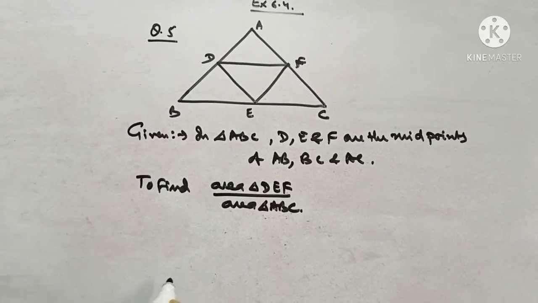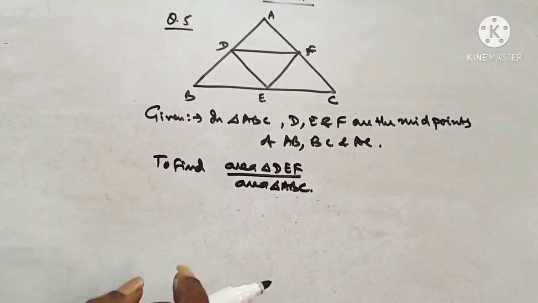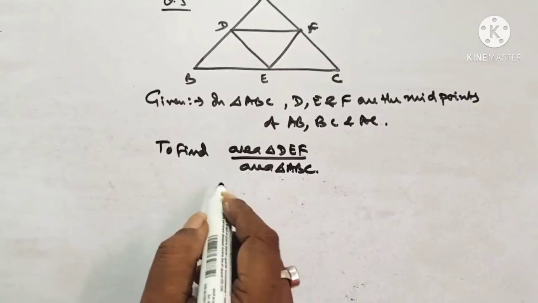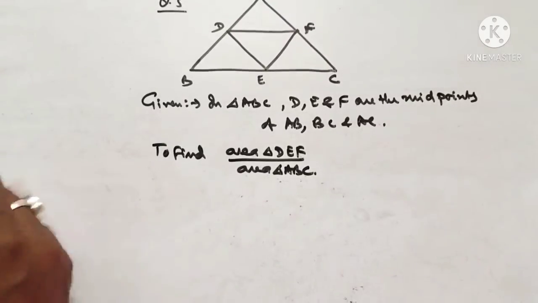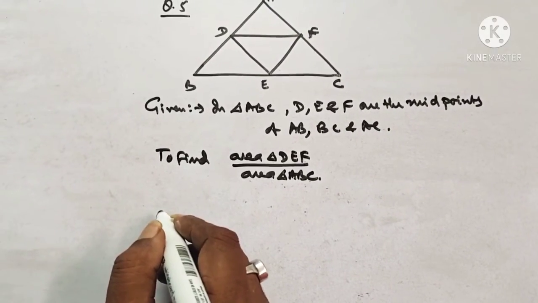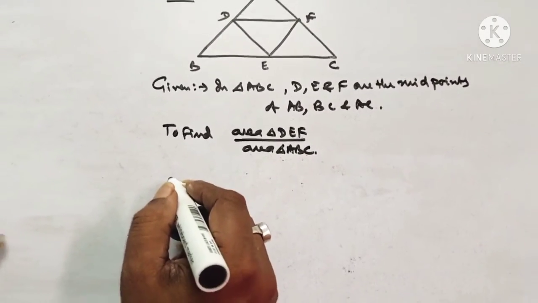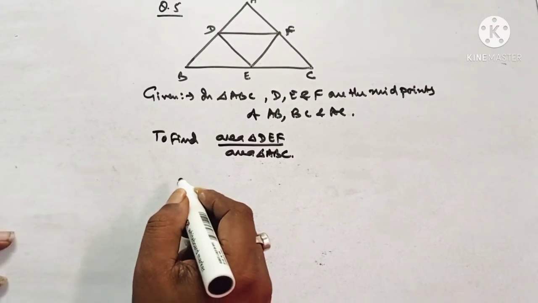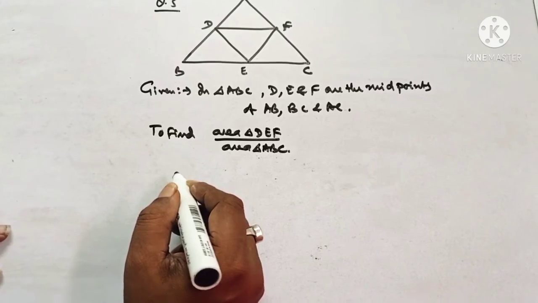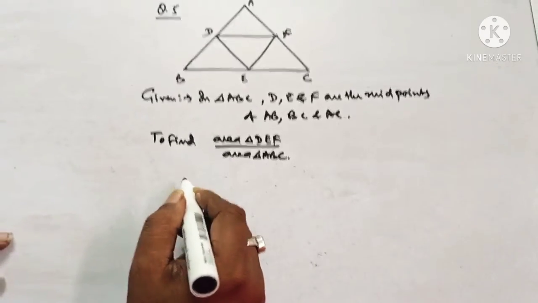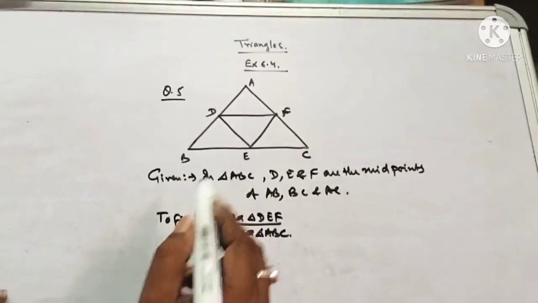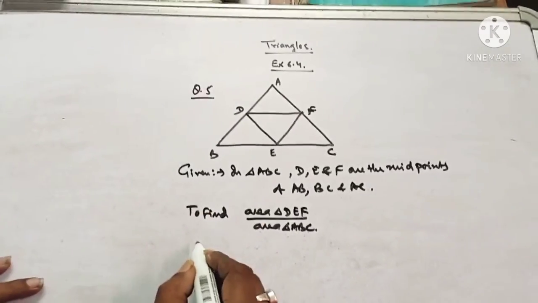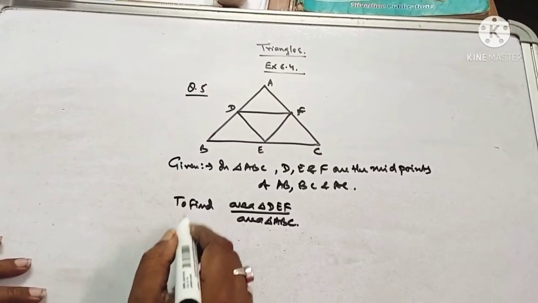Solve this problem, question 5, in this way. The earlier method which I showed you is also correct, but since I was uploading the video, I did not want to cancel it. It would be better if you do this problem in this way.